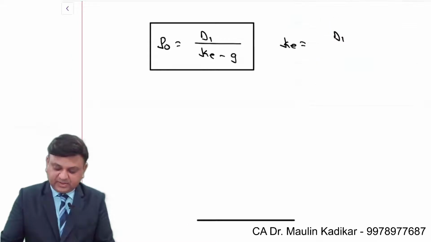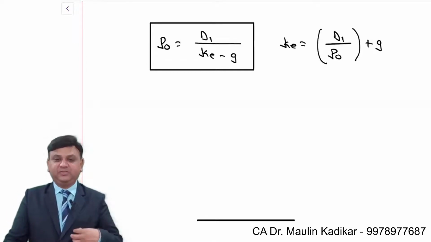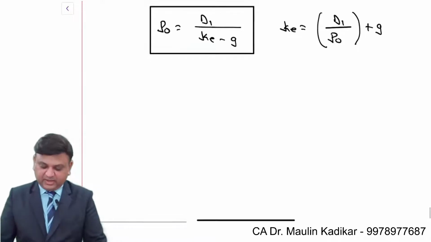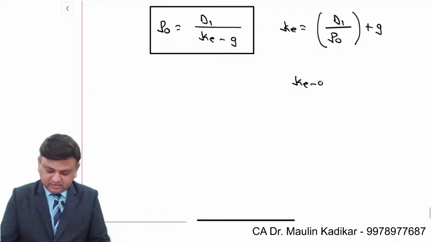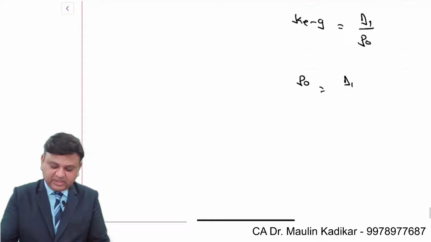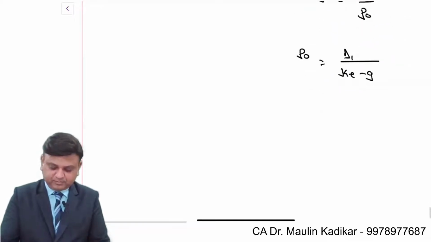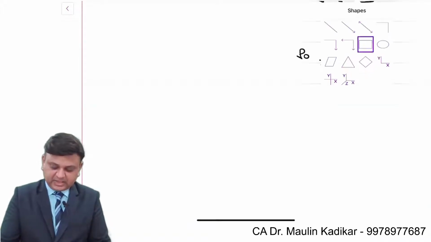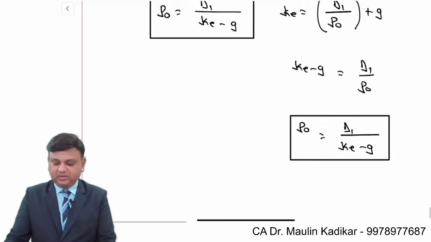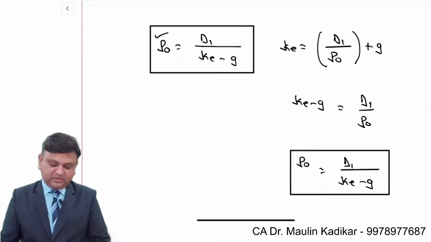It is KE equal to D1 divided by P0 plus growth rate. Now when we modify the formula, KE minus g is equal to D1 divided by P0. So P0 is equal to D1 divided by KE minus g. That is the way P0 can be calculated. So the student asks, sir, can we apply this formula?